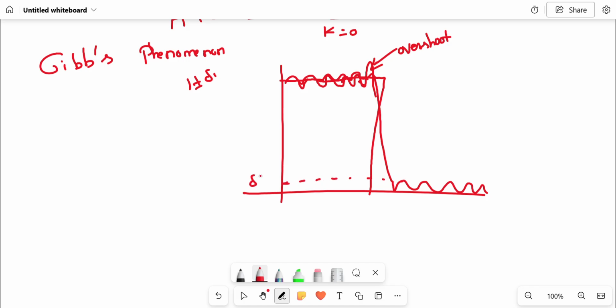This is delta 2, and this is delta 1. This is 1, a plus or minus delta 1. So, this is your ideal curve, but these are the ripples.